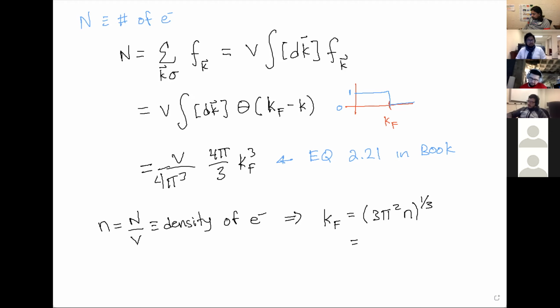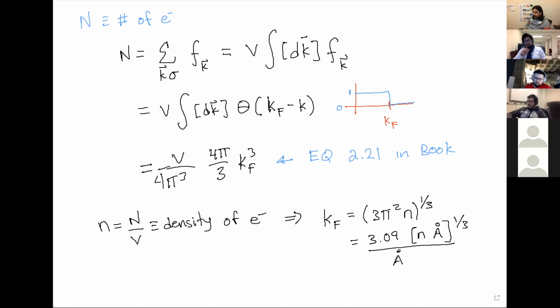And you can put numbers in there, and you actually get that it is 3.09 times whatever the density of your system is, in units of Angstroms to the minus 3, cubic root of that, and that comes out in inverse Angstroms. So that can give you an idea of what kF is.